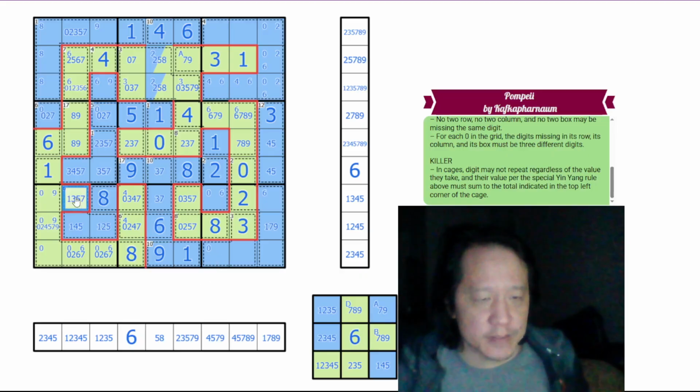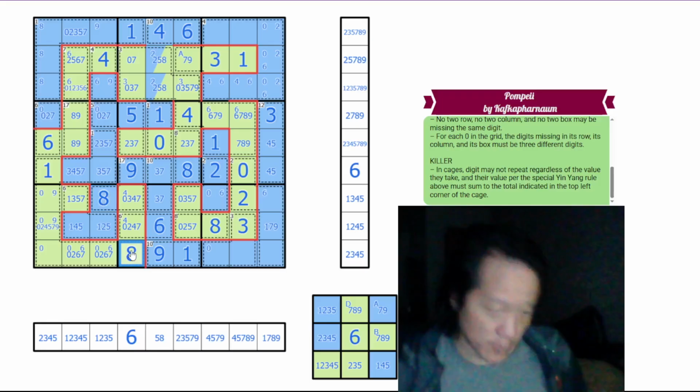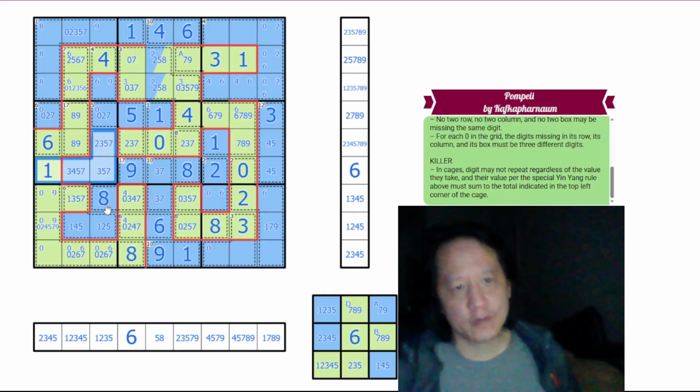Whatever digit's missing here, whatever pair is here must be in this set. The 8 is here. This digit must be one of these 4, but it cannot be that one. And the digit that's missing here has to also be here. Interesting.